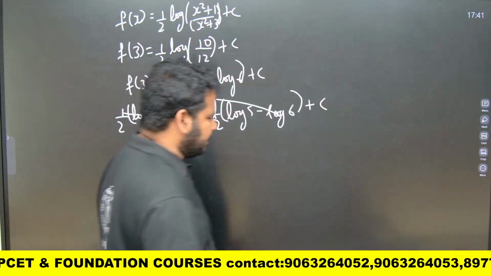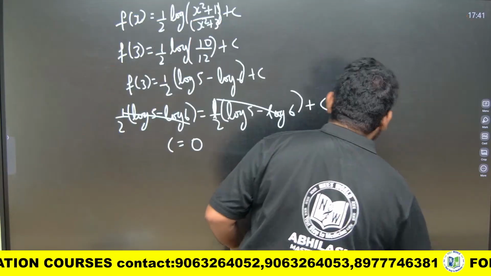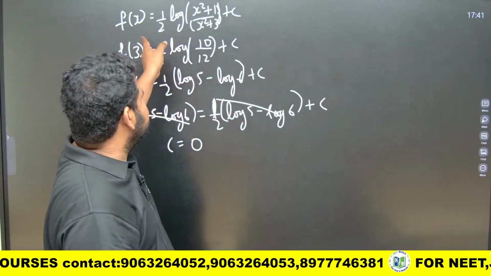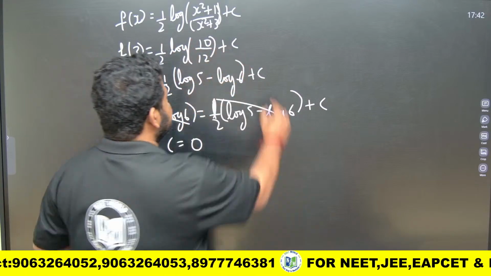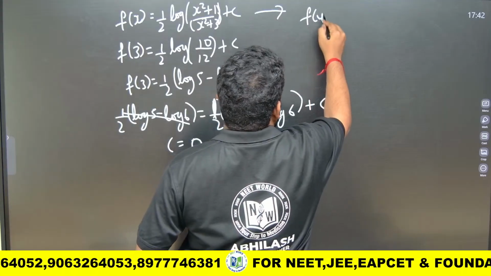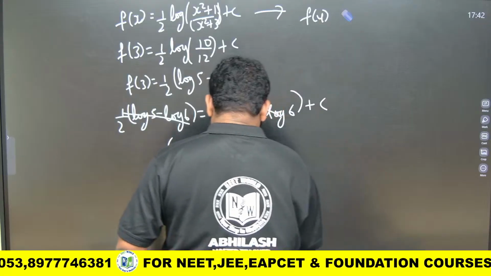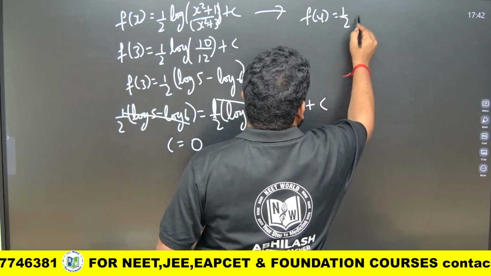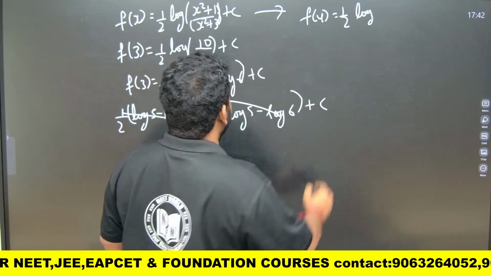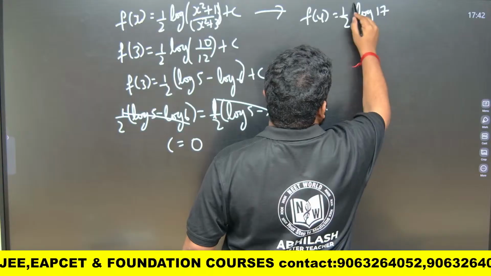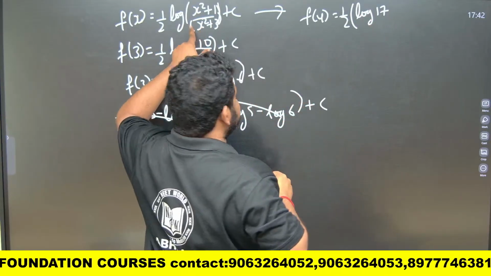Now they are asking us to find f of 4. So if I have to find f of 4, wherever x is there in f of x, I'll put 4, and c will be equal to 0. So f of 4 is equal to half into log of 4 square plus 1, that is 17, divided by 4 square plus 3, which is 19.